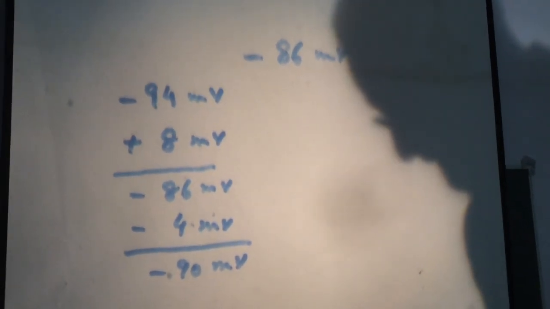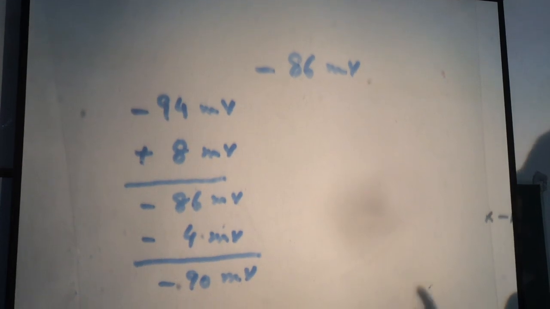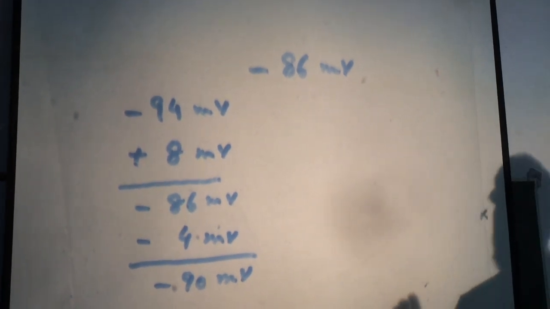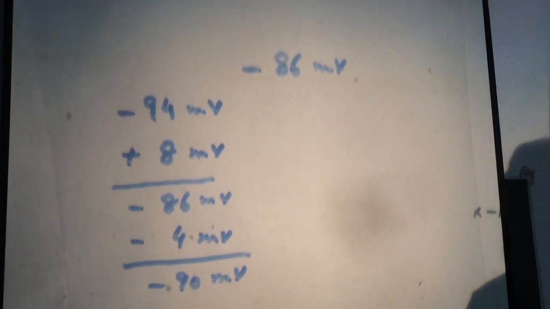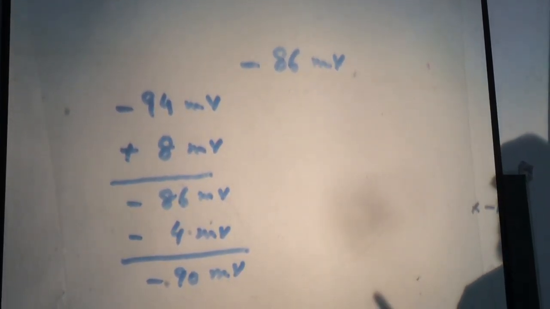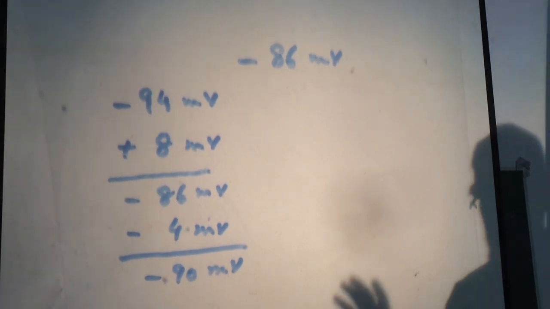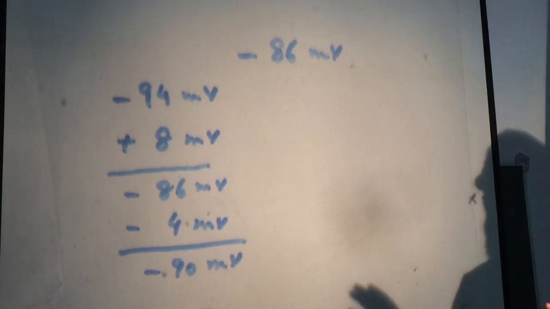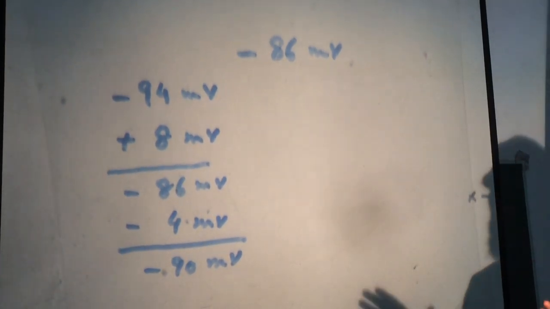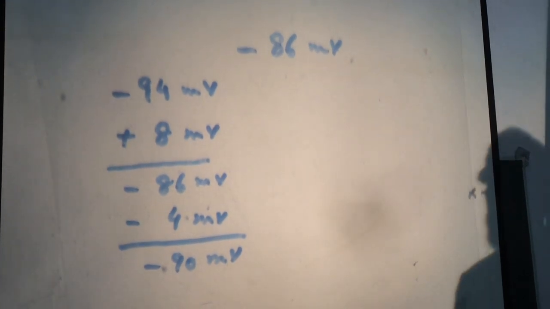I repeat that outward potassium diffusion is the major factor involved in the resting membrane potential, contributing minus 86 millivolt, through potassium leak channels which are 100 times more permeable to potassium as compared to sodium.